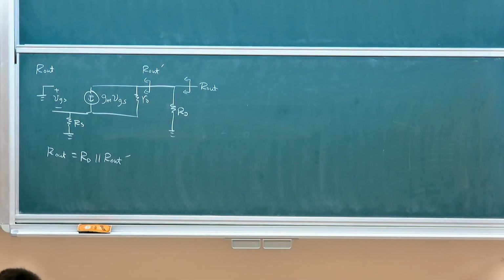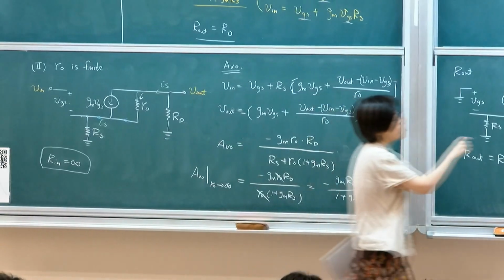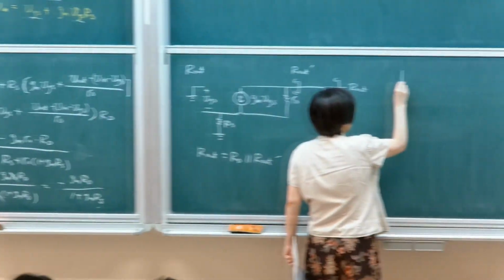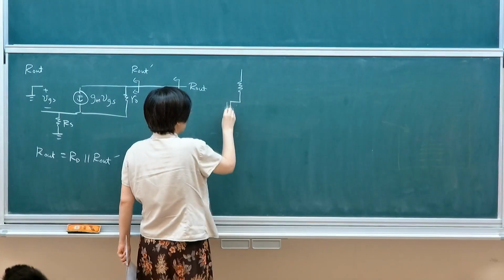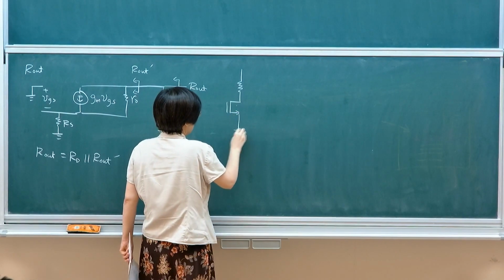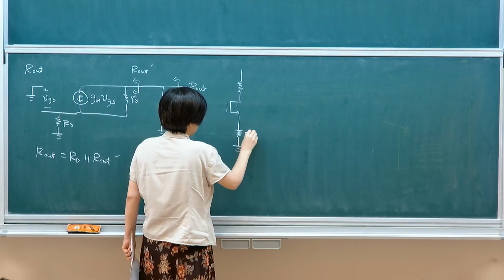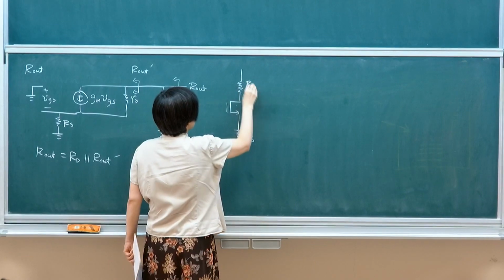So let's look at the output resistance when we're looking down. This is basically what it is. Sometimes you will see a representation like this. RS, RD.